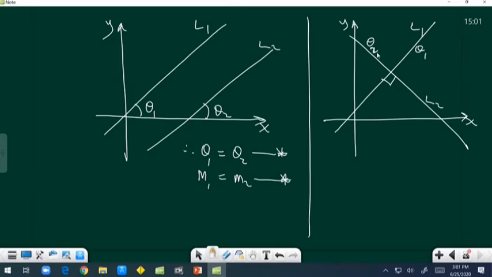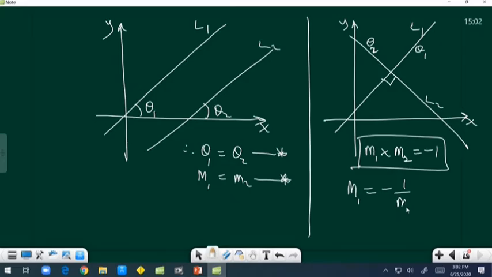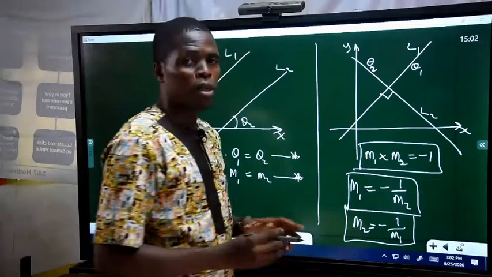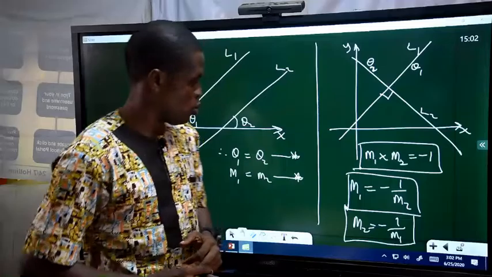Therefore, the product of their slopes, m1 multiplied by m2, is equal to -1. That means m1 is equal to -1 over m2, and also m2 is equal to -1 over m1. So the product of their slopes is equal to -1.